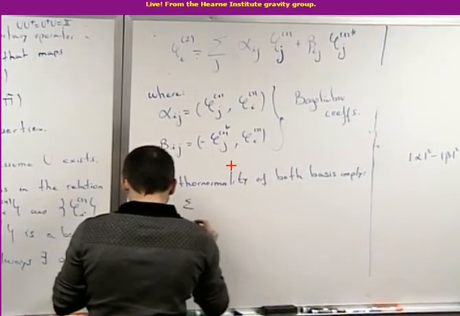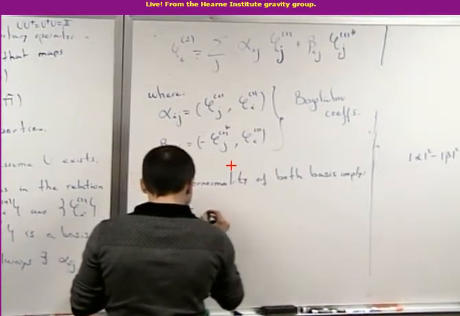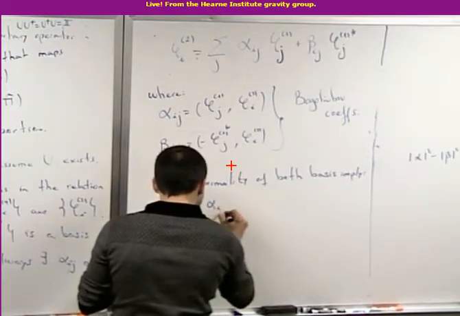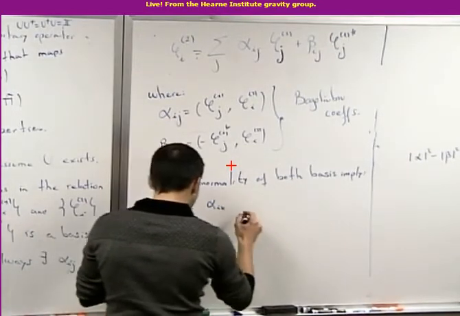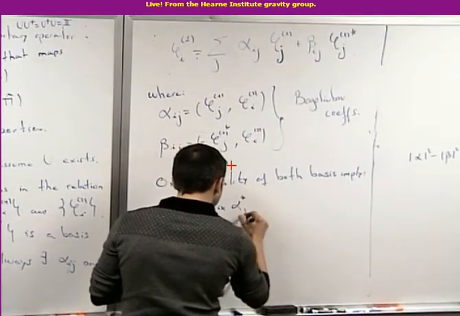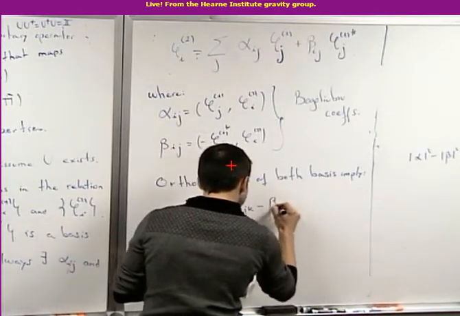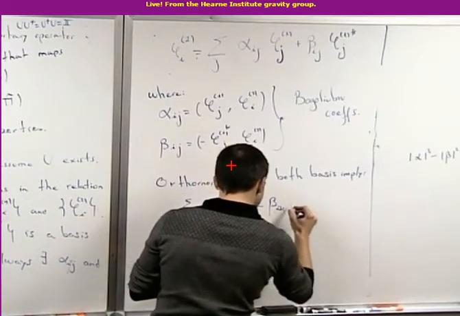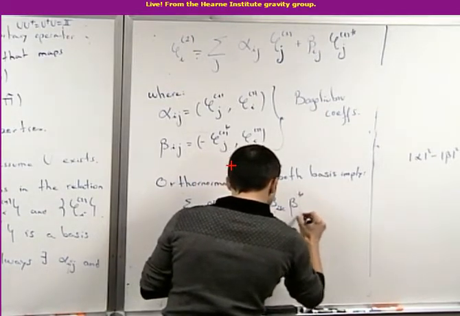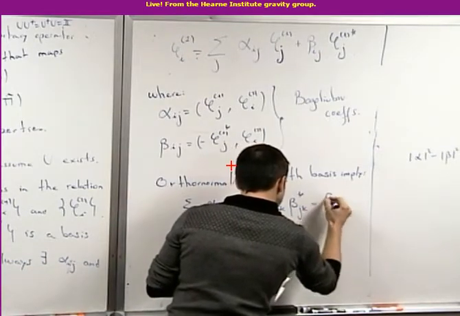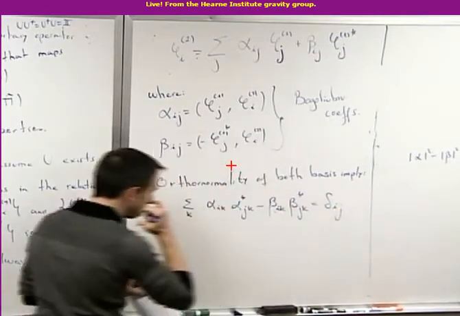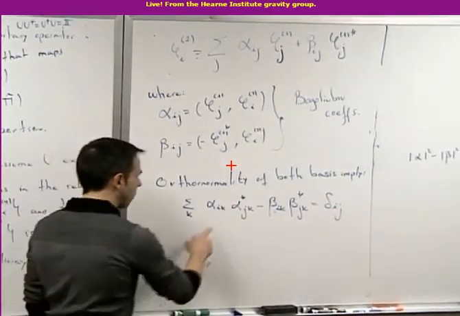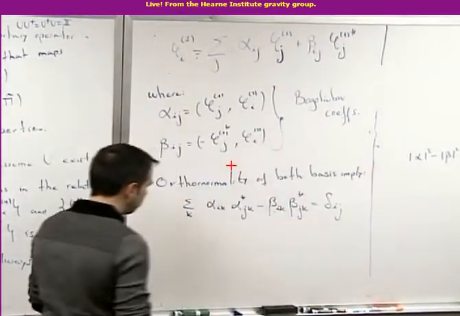But we have two. We have the sum over k of alpha_ik alpha star_jk minus beta_ik beta star_jk. This is delta_ij. If you only have 1 degree of freedom, this reduces to this expression.